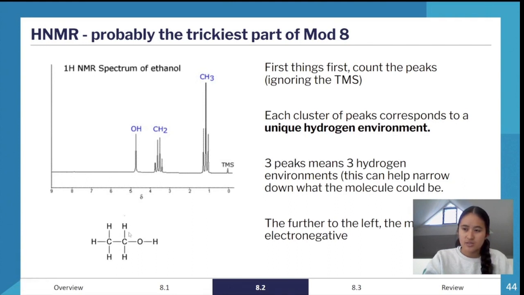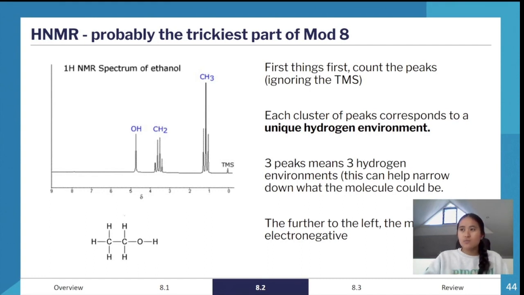Both of these hydrogens are the same unique environment because they're both bonded to a C, and that C happens to be bonded to a C, and that happens to be bonded to an O. Then the last one is 3 hydrogens sharing the same unique hydrogen environment, because they're all hydrogens attached to a carbon that is attached to another carbon. So those are the 3 distinct unique hydrogen environments, and those correspond with the 3 peaks.